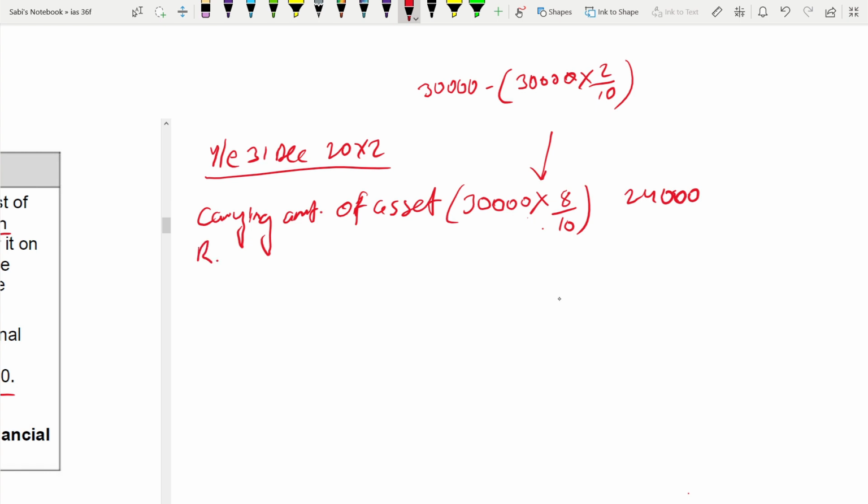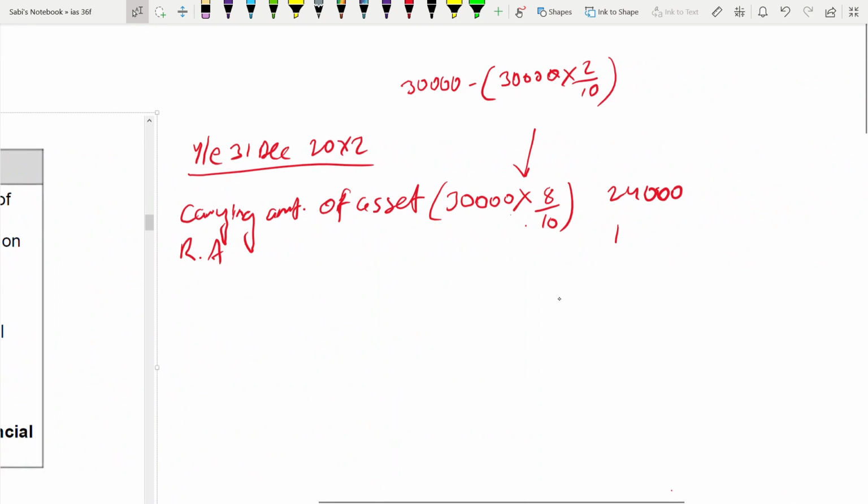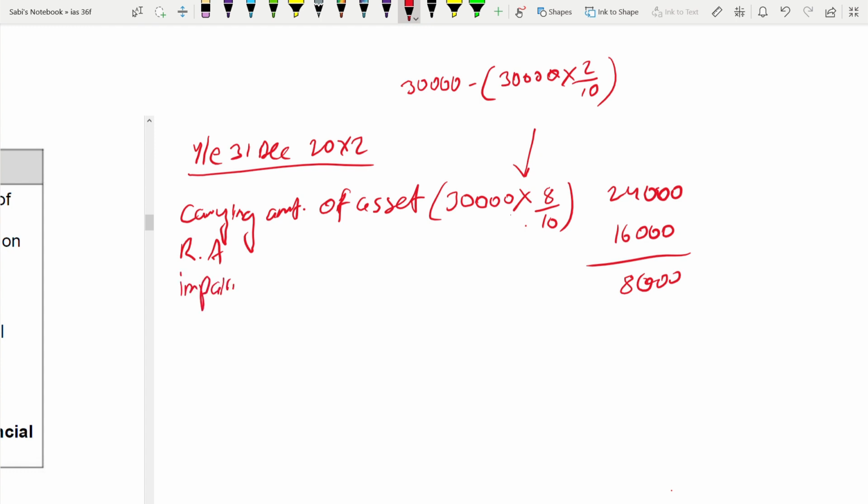Then the recoverable amount is given as 16,000 on that date. So impairment loss on that date is 8,000, right?